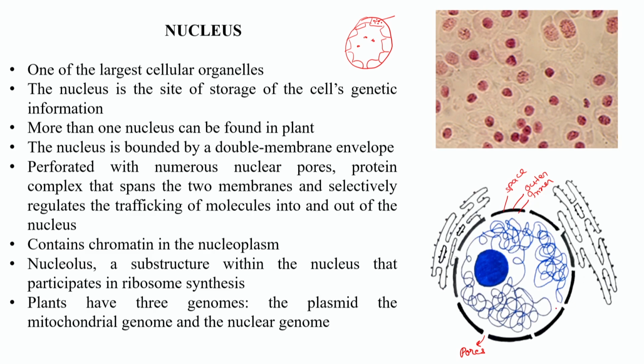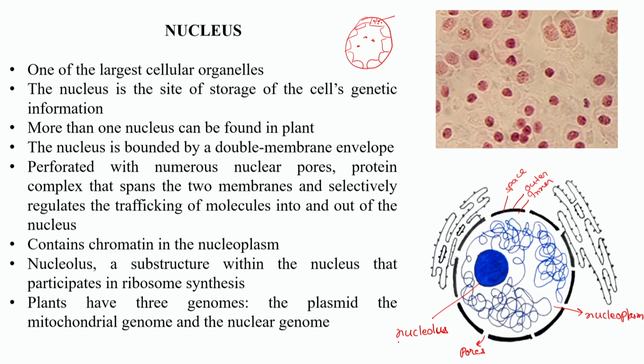Inside the nucleus you will find a fluid filled matrix which is known as nucleoplasm. Along with that, you will also see a subnuclear structure which is known as the nucleolus. This nucleolus is the site of synthesis of ribosomes.